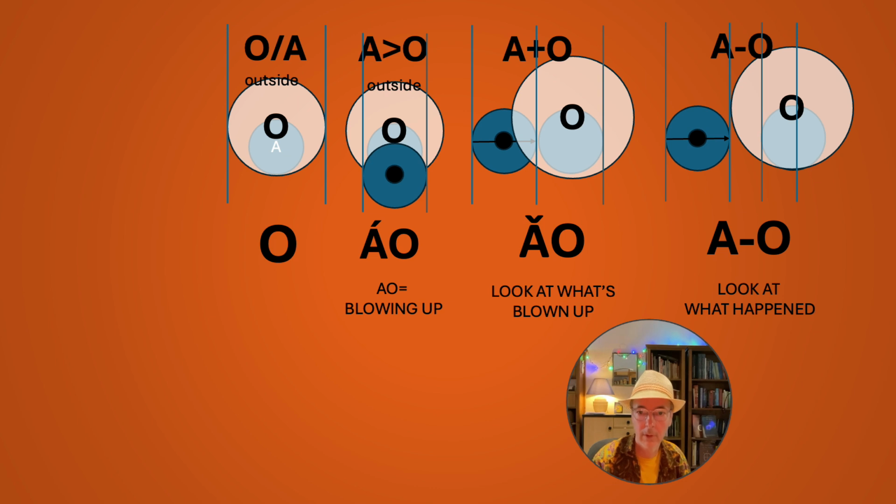The ow, there is that distance in that rhythm, so you are just looking at what is blowing up, so that is different. And the ao is you only look at what happened in a way. You can understand these distances.